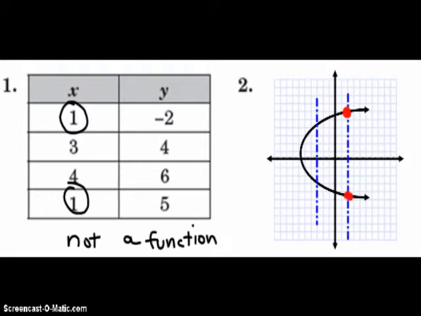So when this happens, this would not be a function because our x values would be the same. If I were to try to estimate the coordinate of this point right here, let's say 2, 6, and this one right here, 2, -5.